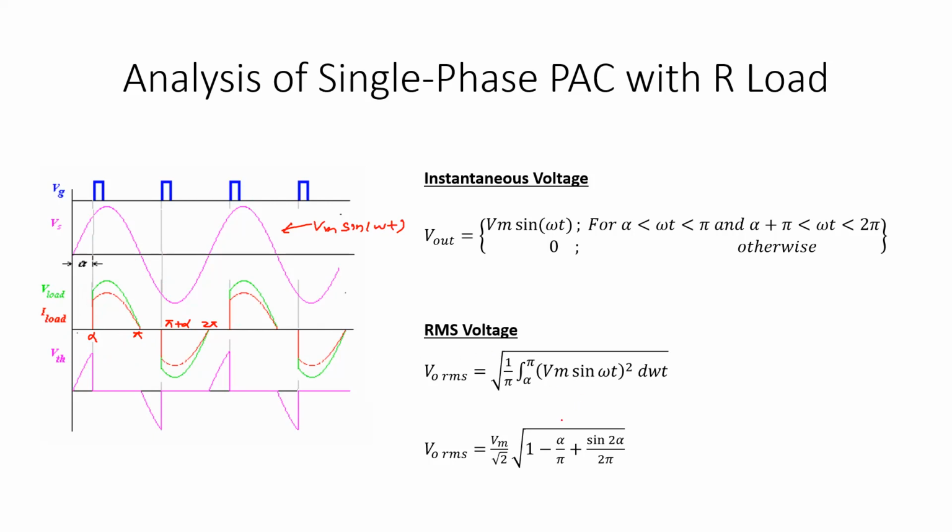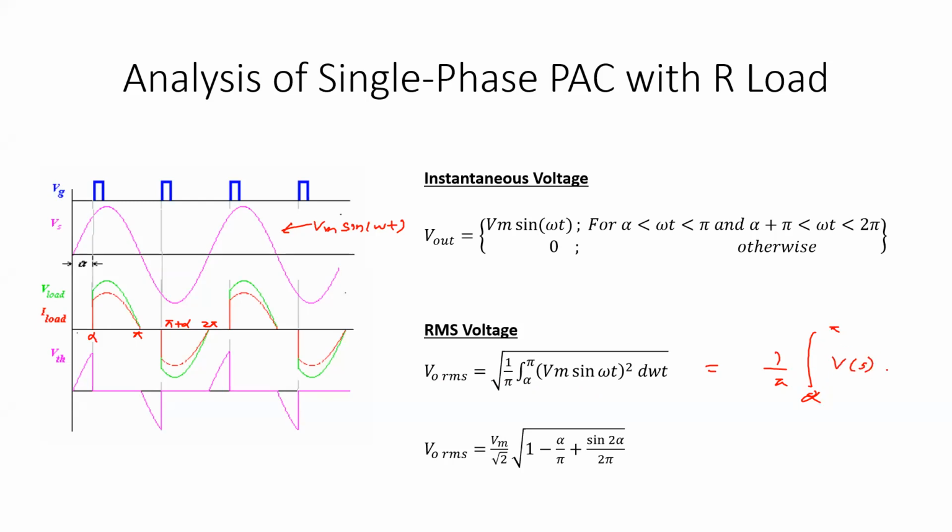And the RMS voltage is also the basic formula, 1/2π, and we integrate this over a cycle. So in here this is α and this is the waveform.